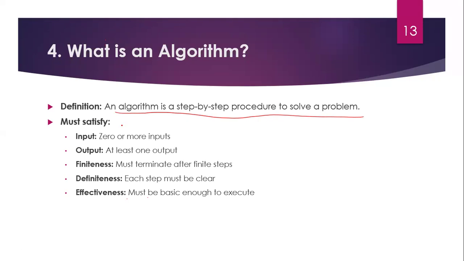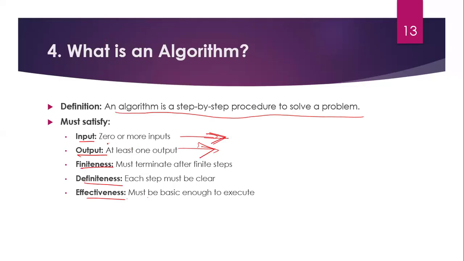Now, moving to the next thing. For an algorithm, there should be input, output, finiteness, definiteness, and effectiveness. I think you know about input and output, because we normally use these things when coding.